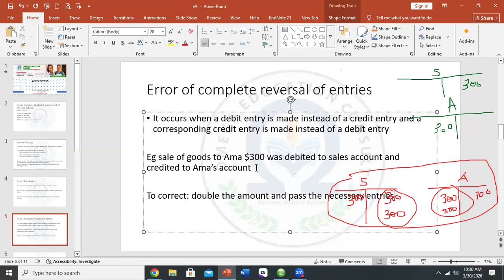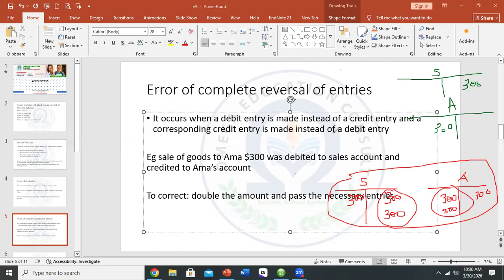But fundamentally, you need to double the amount. So in this case, we would have credited the sales with 600 and debited Amma with 600. So you spare yourself the duplication of efforts by doing it one by one. Just double the amount and pass the entries. Okay. So Austin, that is a revision of what you said.